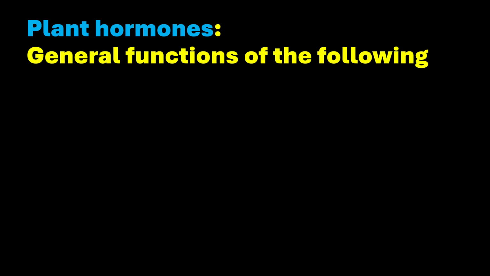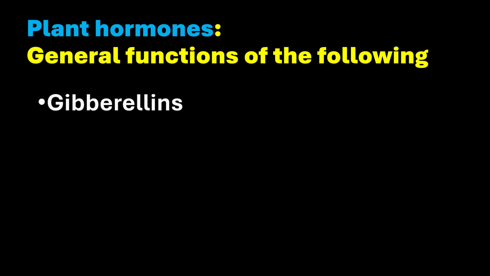Now, in this slide, we are going to look at plant hormones, and then let us look at the general functions of the following hormones. There are a number of hormones you'll be looking at, but in this particular curriculum, we are looking at only 3.